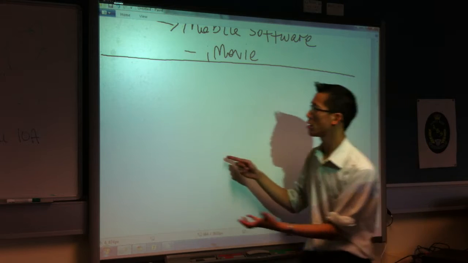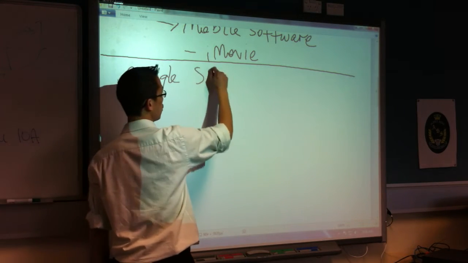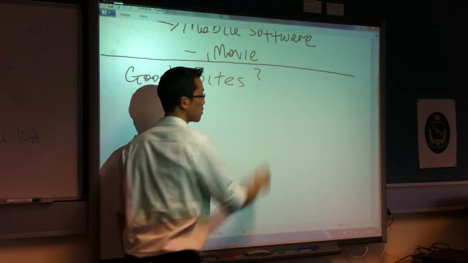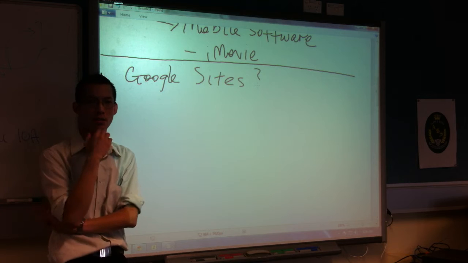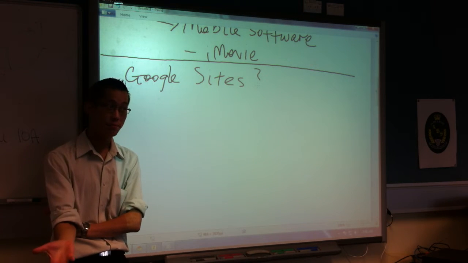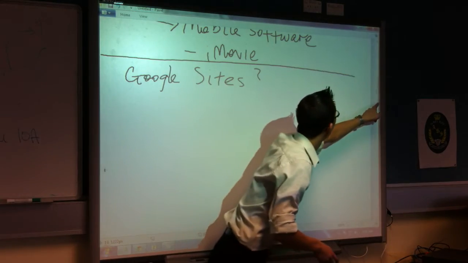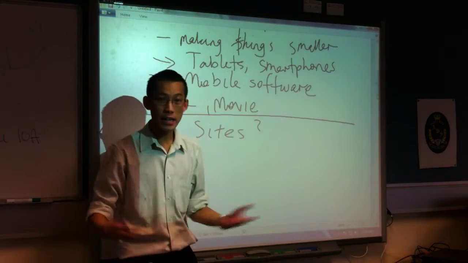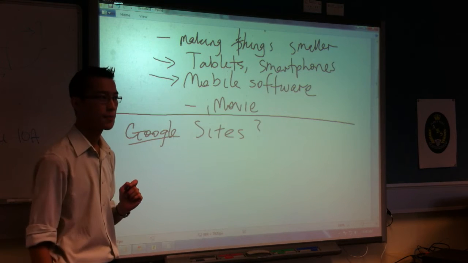But the funny thing about Google Sites is, where is Google Sites installed? Where's the actual program, the software? Where is it installed? It's not on your computer, and it's not even on a phone or a tablet. You can get to it on any device because it's installed on Google's servers.